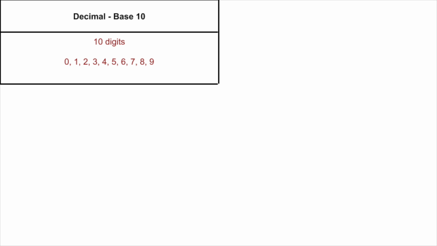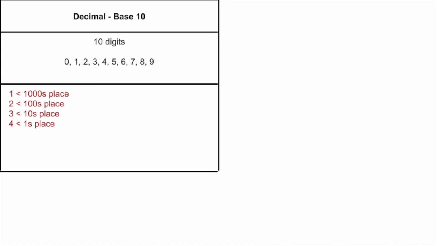And also, the weight of the place goes up 10 times by each place. So if we have a number like 1234, this is the ones place. Then we have the tens place, the hundreds place, and the thousands place.